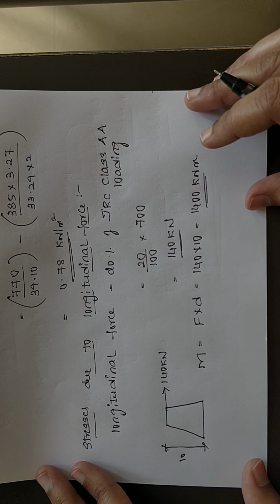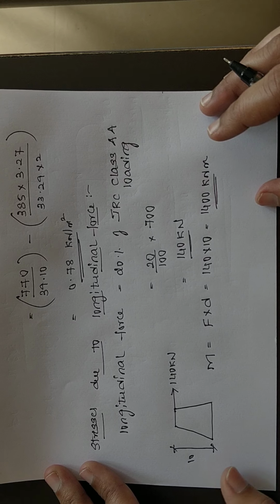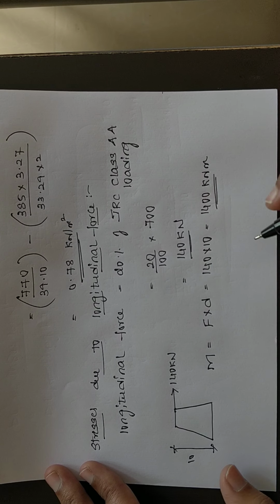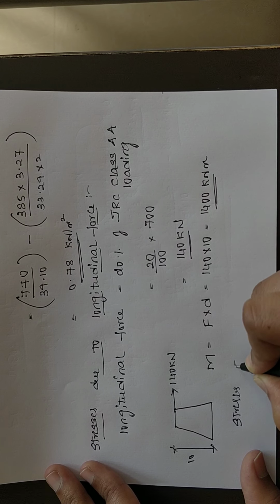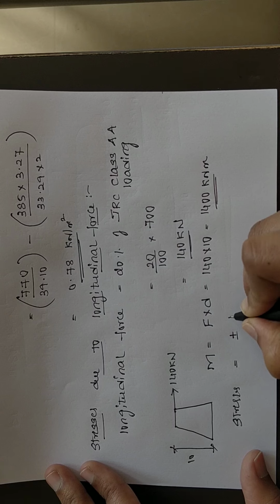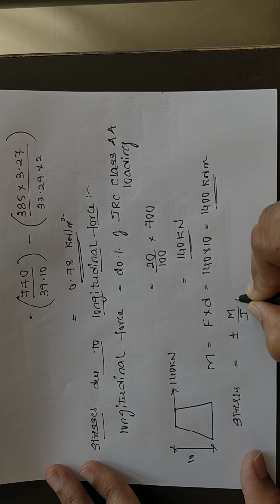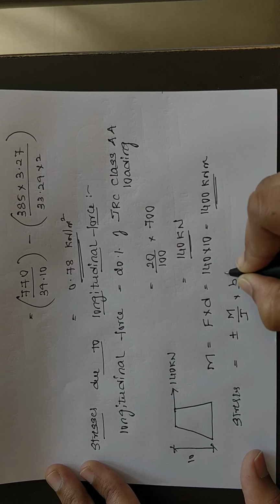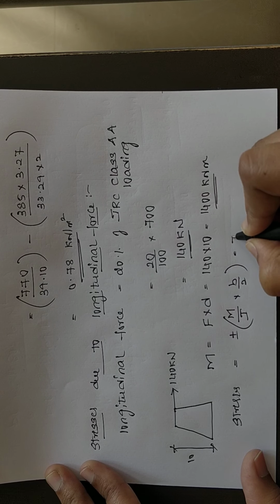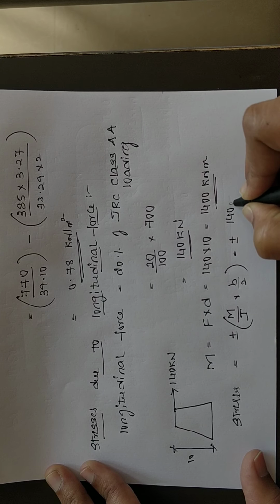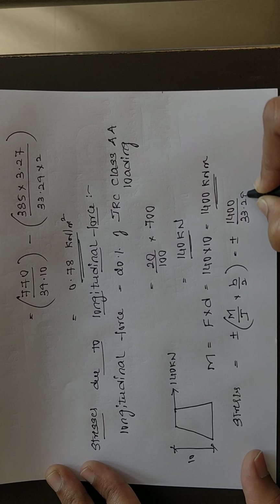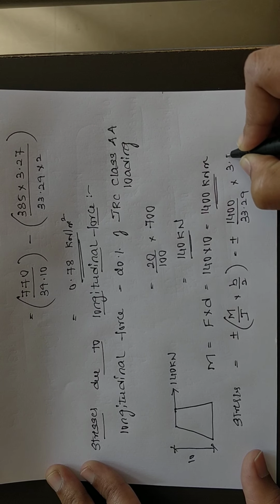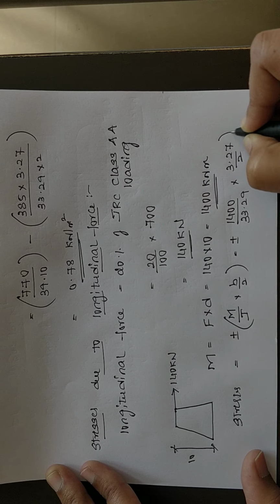Then, with the moment calculated, calculate the stresses at the base: plus or minus M by I into B divided by 2. Substitute the values: plus or minus 1400 divided by 33.29 into 3.27 divided by 2.